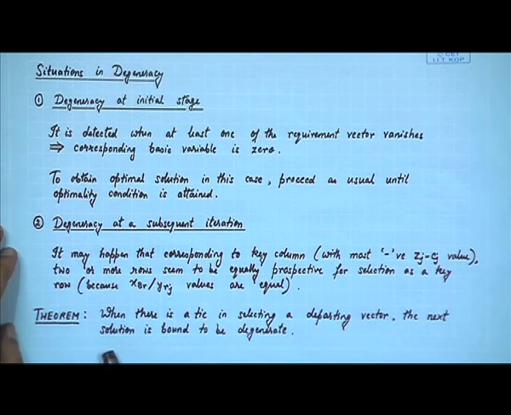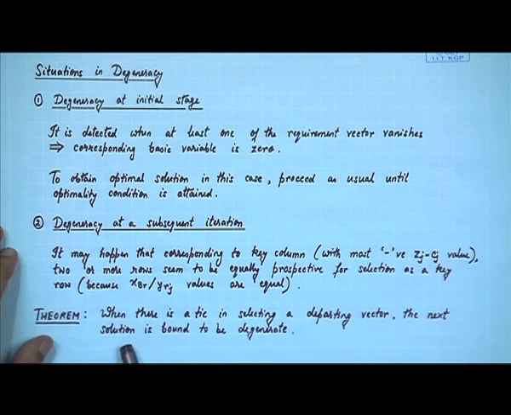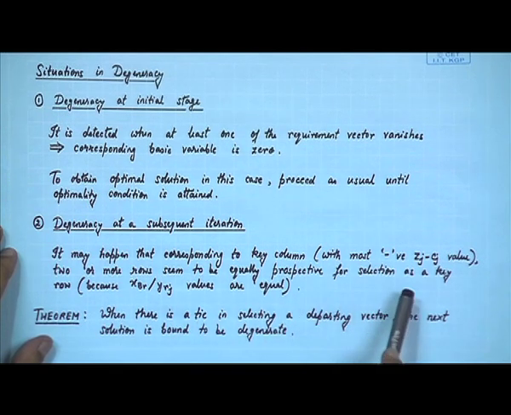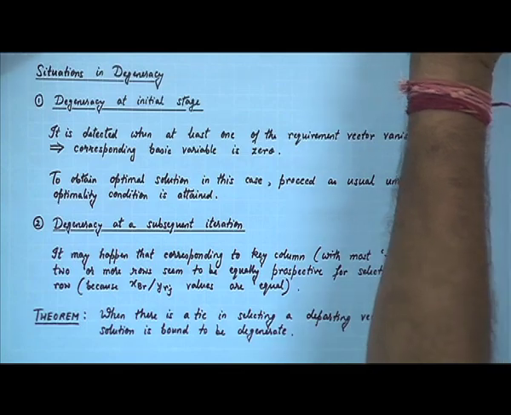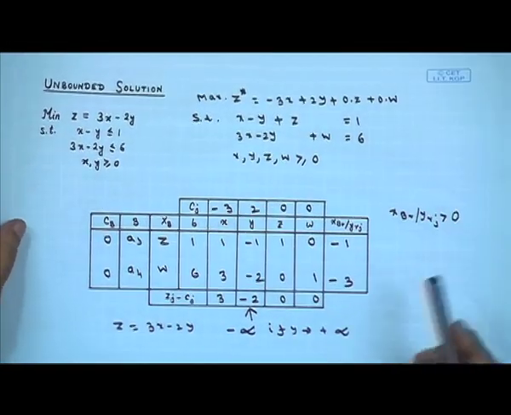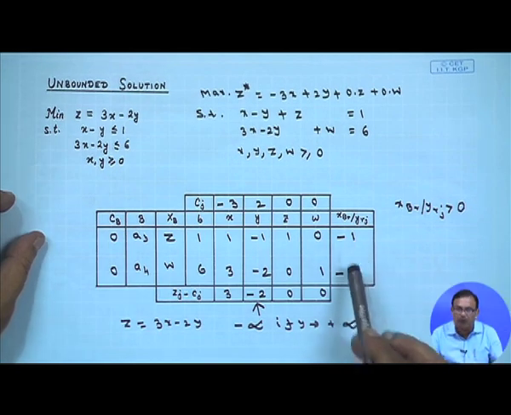It may happen that corresponding to the key column, that is where the value of Zj minus Cj is most negative, two or more rows seem to be equally prospective for selection as the key row. If you remember in the earlier examples, whenever I take a table, you are calculating the ratios.